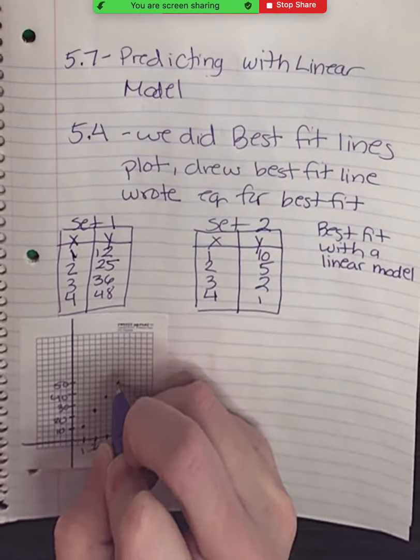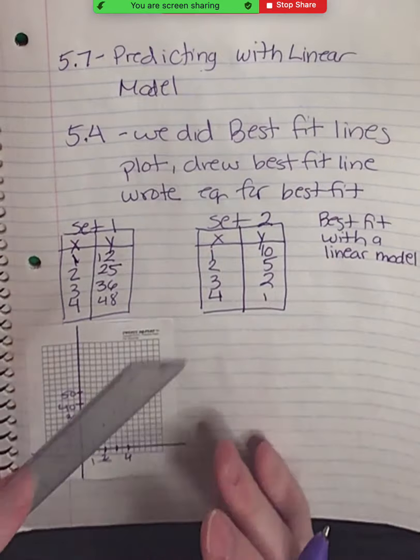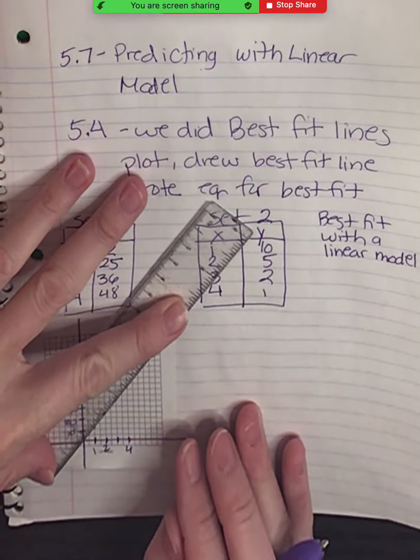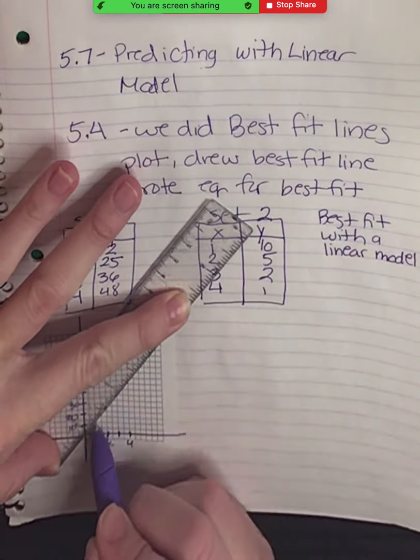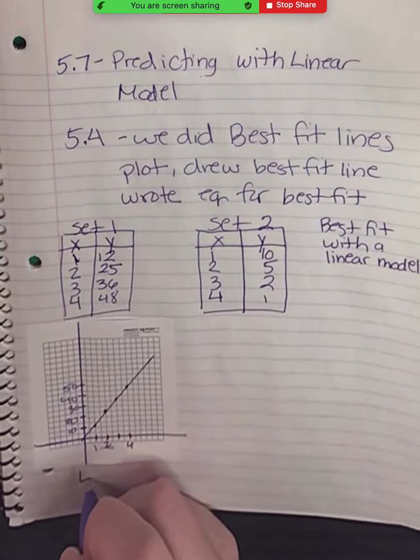Okay, so I have these data points. They look fairly linear, right? Looks like I could put a line pretty close to right through those points. Okay, so that looks linear.